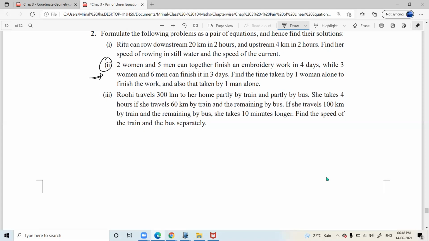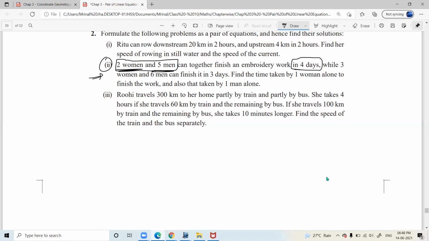So you would have got some idea of what they are saying. 2 women and 5 men can complete some work. Here it is embroidery work. In some other question, it may be factory work, construction work. It could be anything. We don't care what kind of work. But there are 2 women and 5 men, and they can complete the work in 4 days.